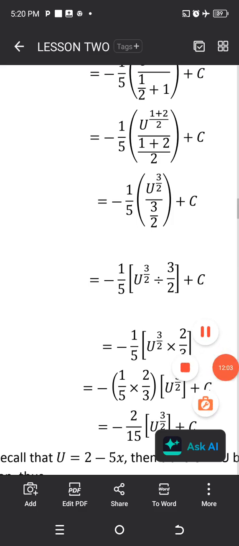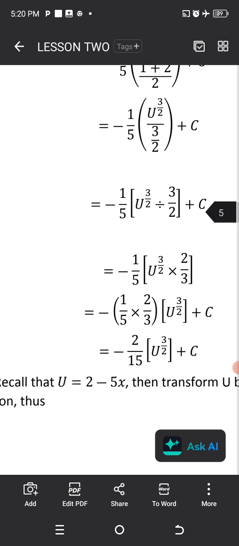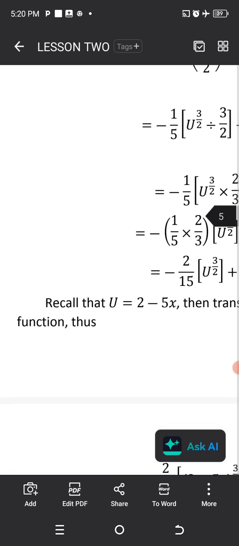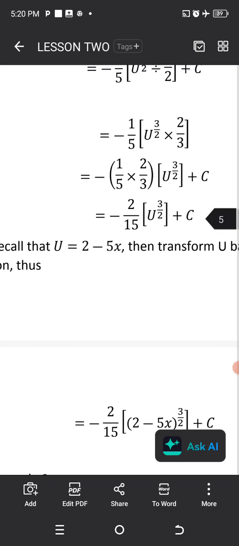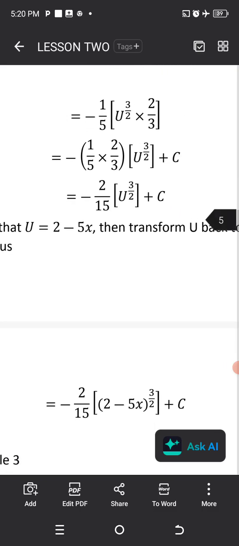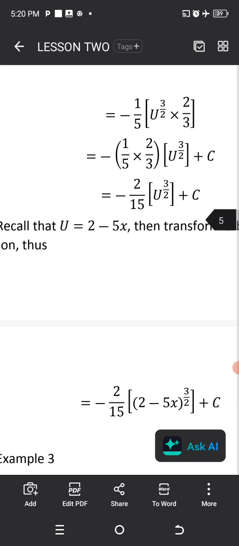And eventually we have minus 1 over 5 multiplied by 2 over 3 square bracket u raised to power 3 over 2 plus c. So you can see then the final one, you replace your u with your former integrand.